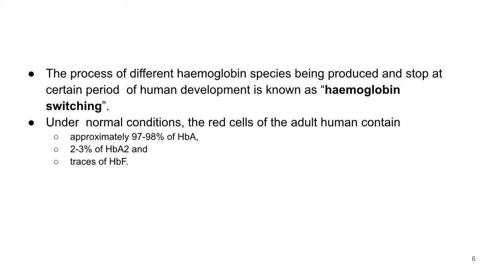Under normal conditions, the red cells of the adult human contain approximately 97 to 98% of hemoglobin A, 2 to 3% of hemoglobin A2, and traces of hemoglobin F.